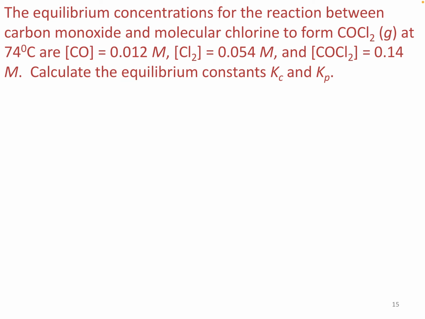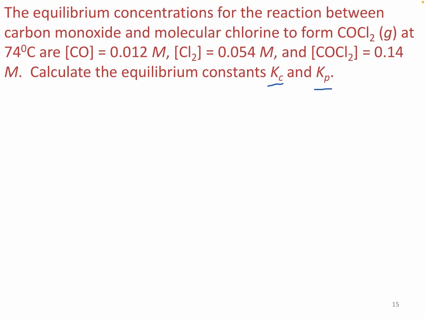Let me scoot up the table there. Equilibrium concentrations for the reaction between carbon monoxide and molecular chlorine, meaning Cl2, to form COCl2, that's phosgene, at 74 degrees Celsius are all these molarities: 0.012, 0.054, 0.14.